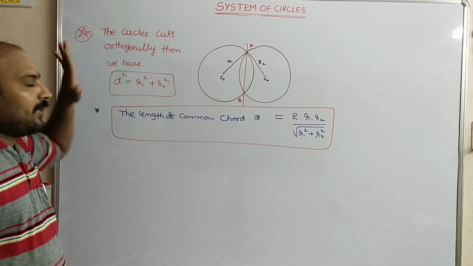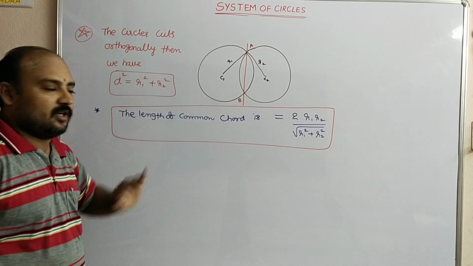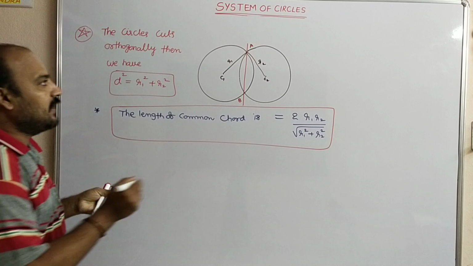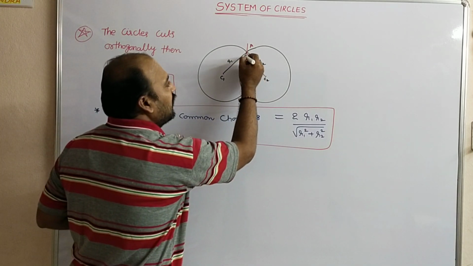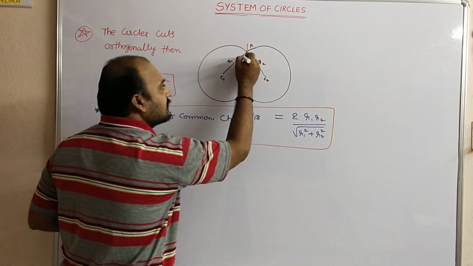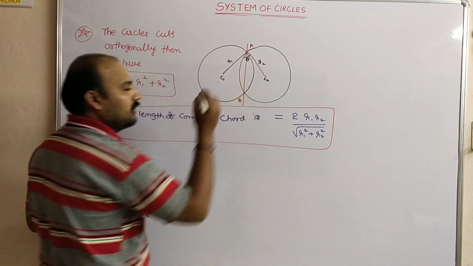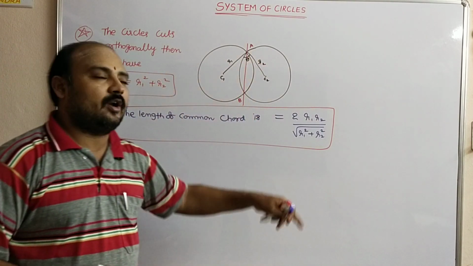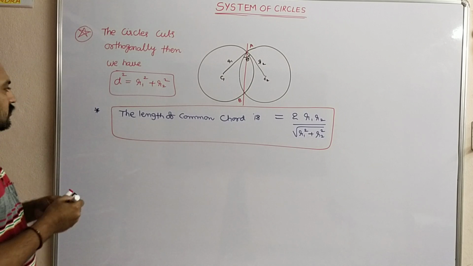In case of perpendicular or orthogonal circles, we discussed this. Suppose the angle between the two circles is theta. What is the length of the common chord then?